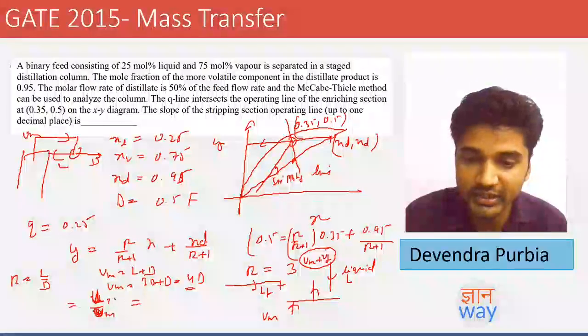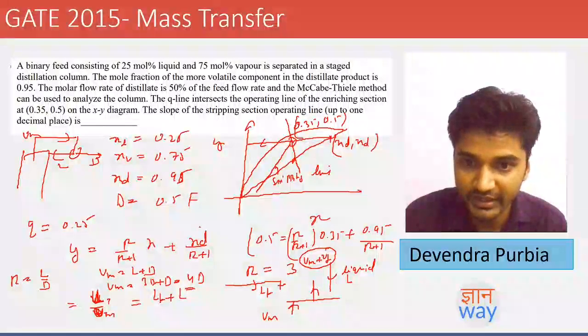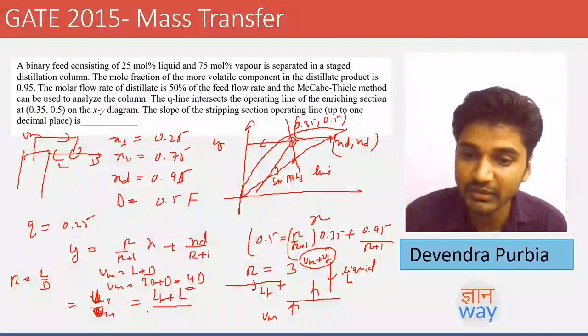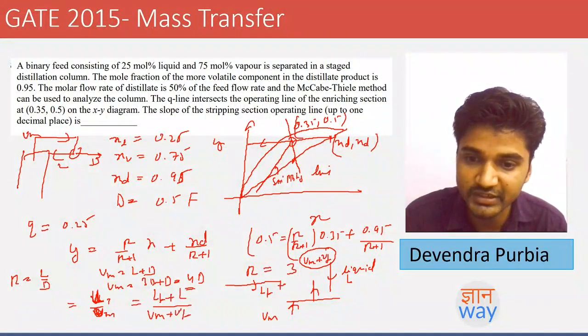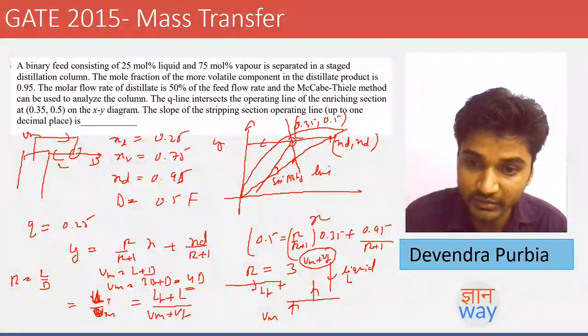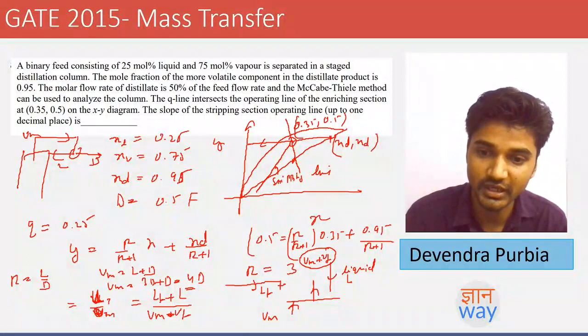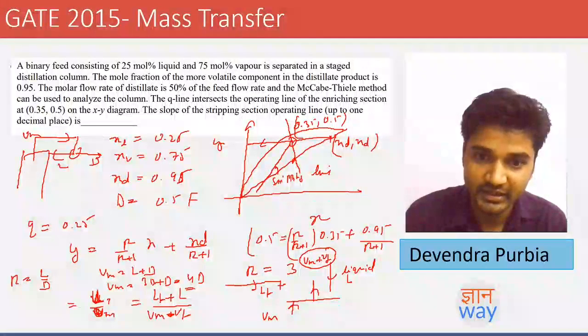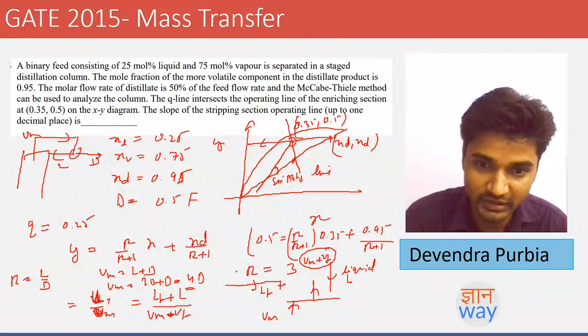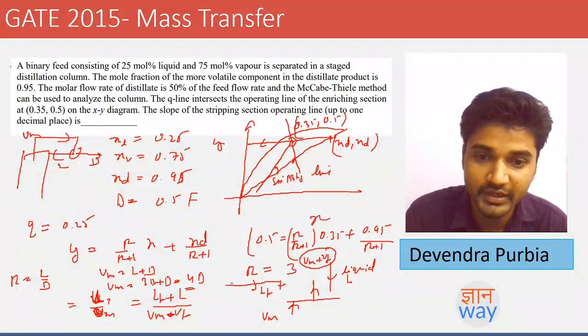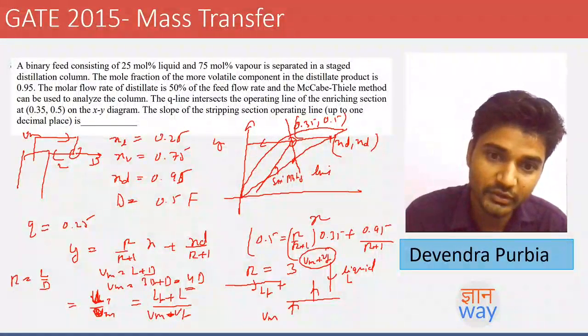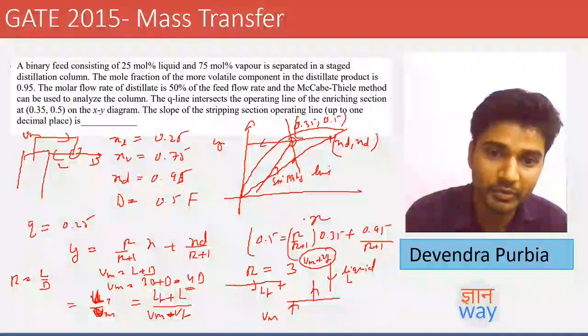So this total L is nothing but LF plus the net liquid that we are getting from the top enriching section, divided by Vm. That is, this vapor is Vm minus Vf, because in the bottom section the vapor which is rising constitutes the vapor coming from the feed as well as the vapor generated during the operation of the column.